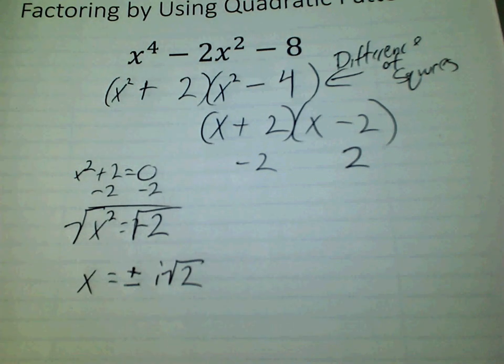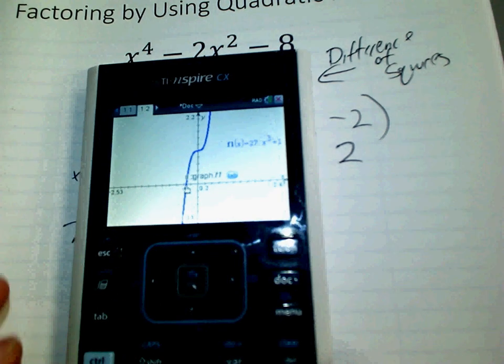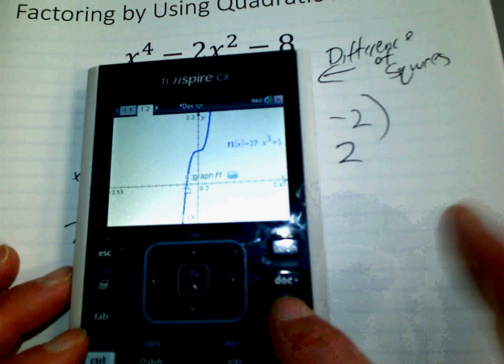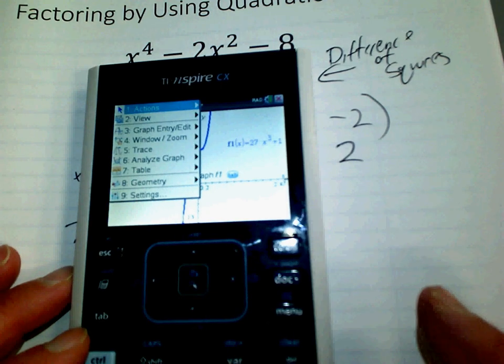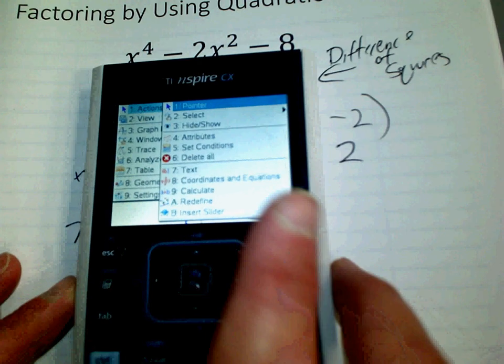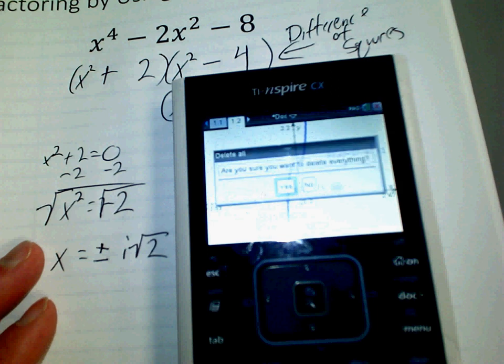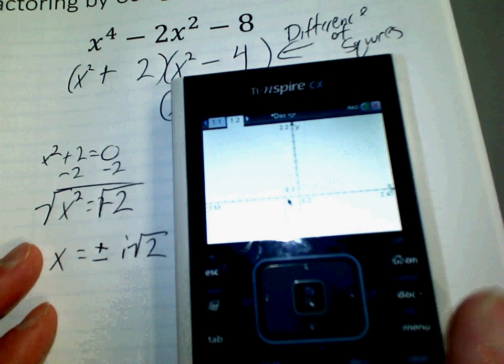Show me, Mr. Bush. Menu. Let's go. Oh, sorry. I'm going to declare what I had before. And I'm going to go menu, graph entry.